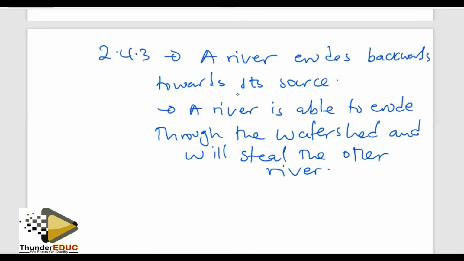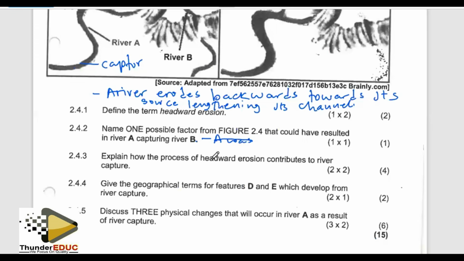So that's how you can explain how headward erosion could contribute to river capture. Okay. The next question, 2.4.4: give the geographical terms of features D and E, which develop from river capture.